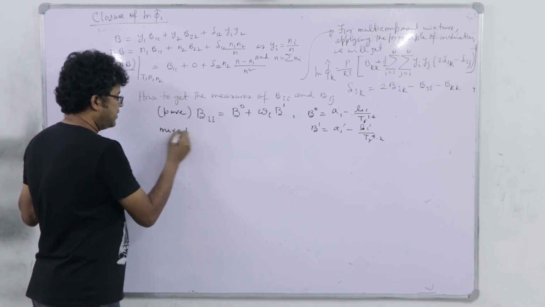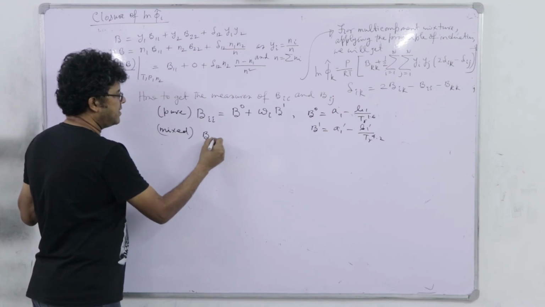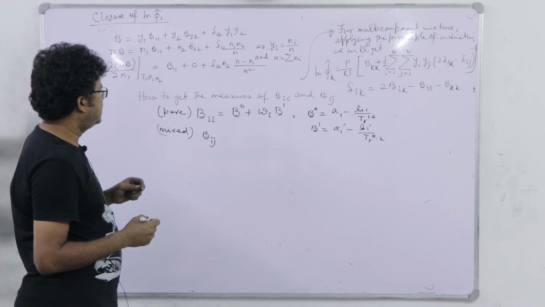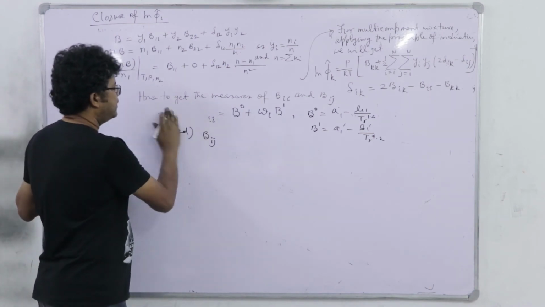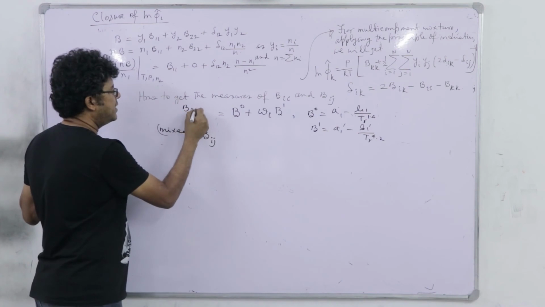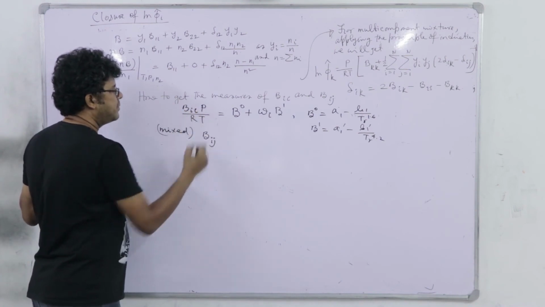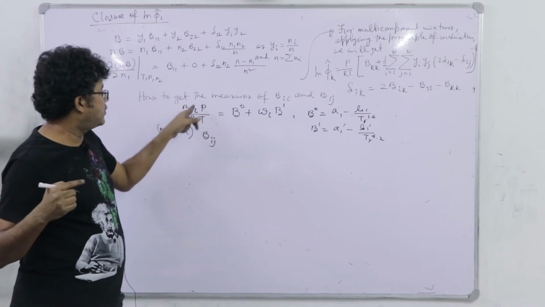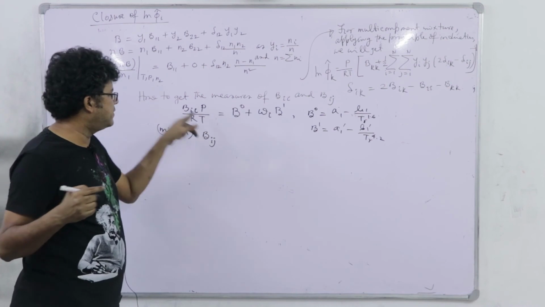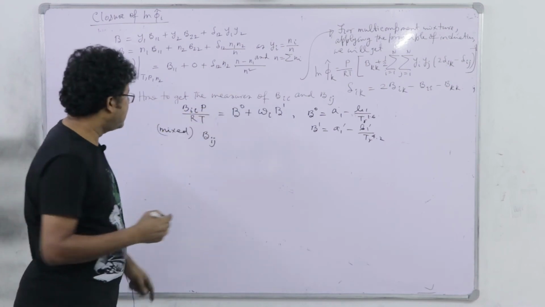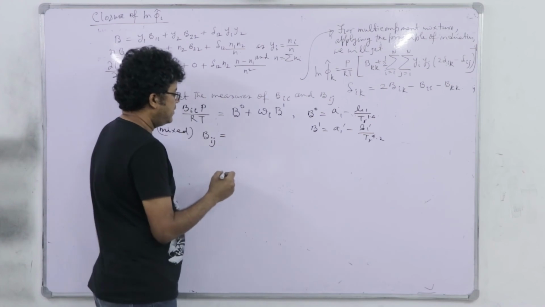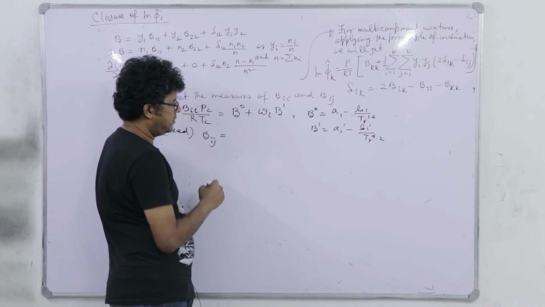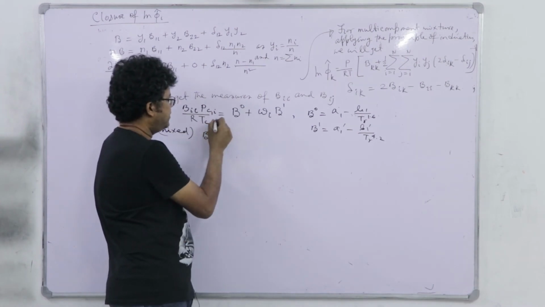Now, for mixed Bij, this is exactly not the case. It should be Bii into P divided by RT, right, because BP by RT was equal to B0 plus omega B1. So, Bii can be calculated from here, or rather PCi TCi.